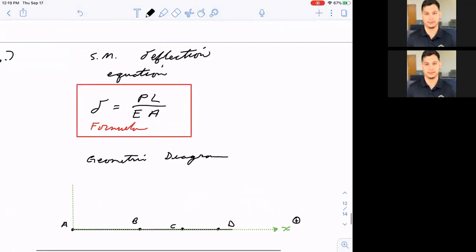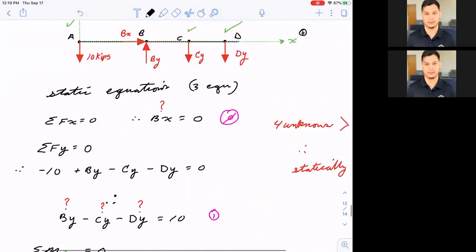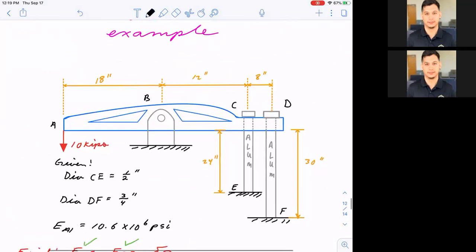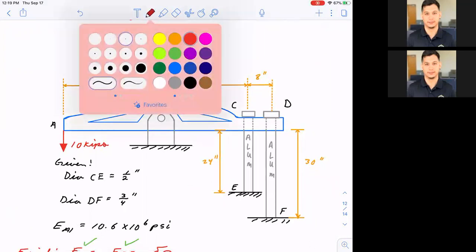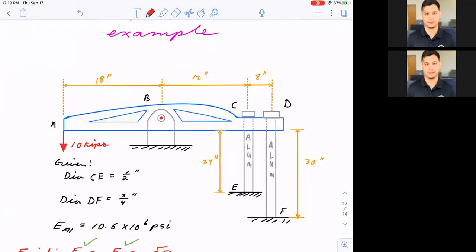So let's take a look here. This rigid body is pinned at B. So that means as this rotates down, this rotates up, and it has its natural tendency to move like that.